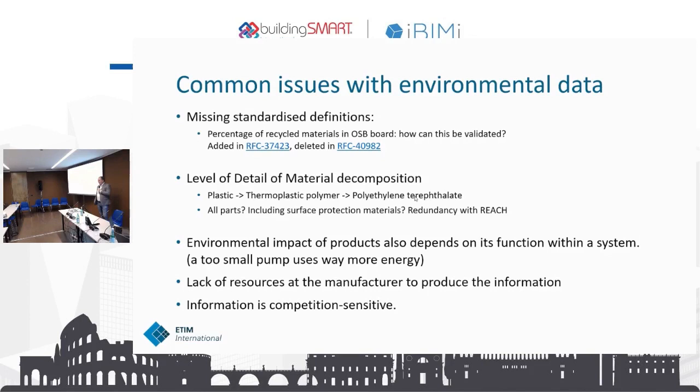But HVAC people, they say, well, you can talk about material all day, but that's not going to solve the problem, because you can use a small pump in a system which uses less energy. But if it's too small, it runs all day trying to make up, and then ends up using a lot of energy.